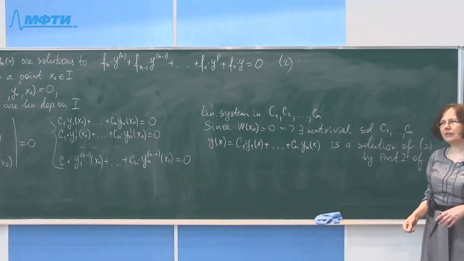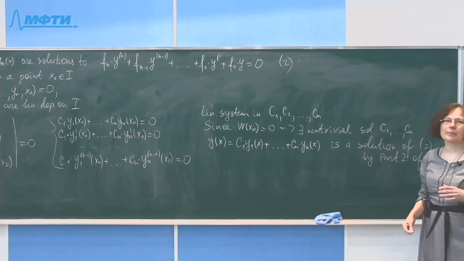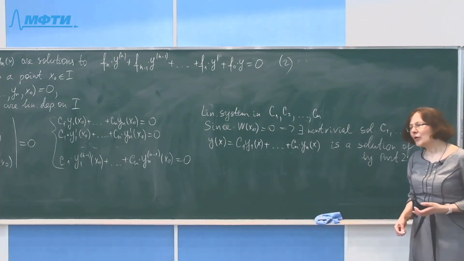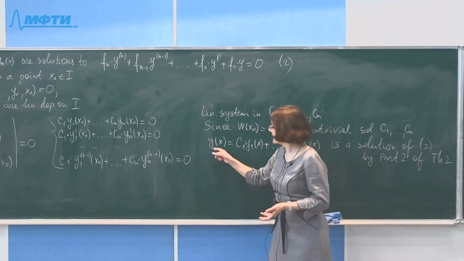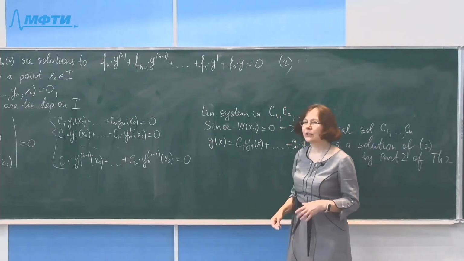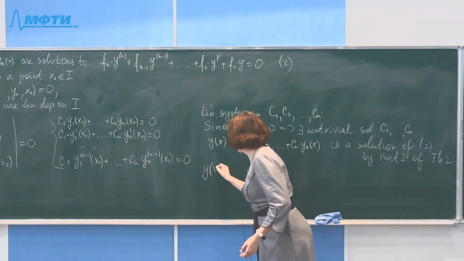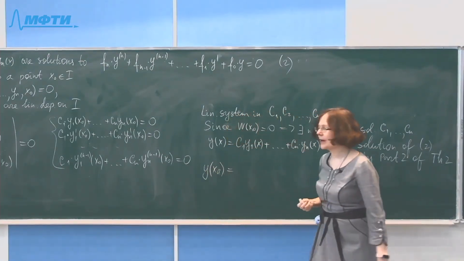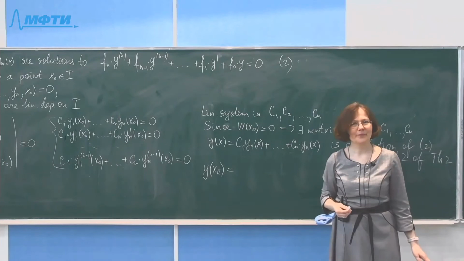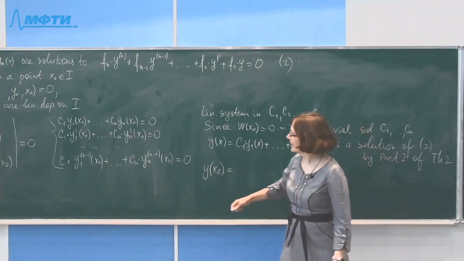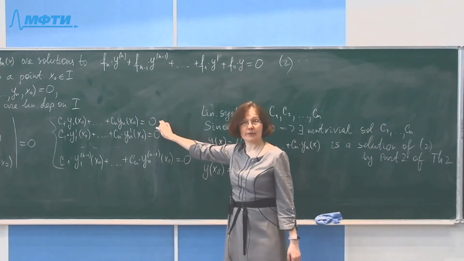So now let's speak about initial conditions. Which initial conditions does this solution satisfy? Do you know? What is y of x0? It is 0, because of the first equation.